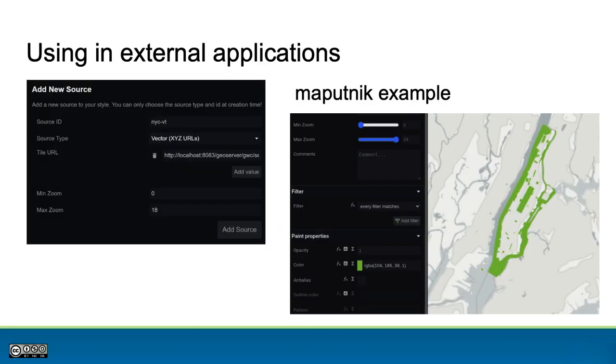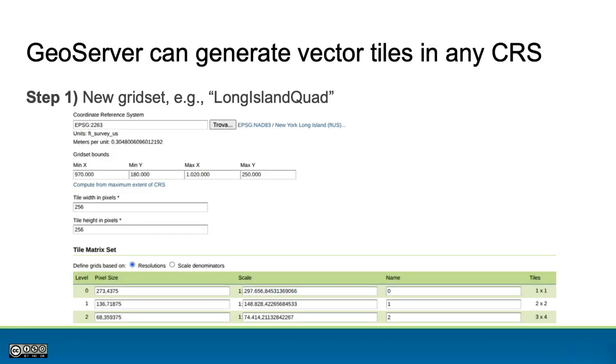So here's a Mapbox example where they've copied the URL and they're able to see and start to style the results.